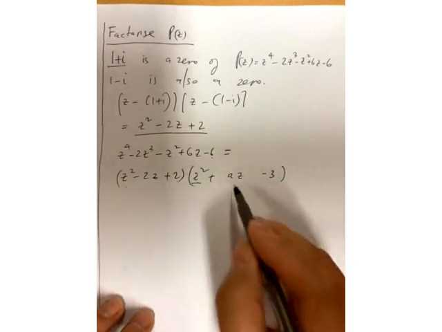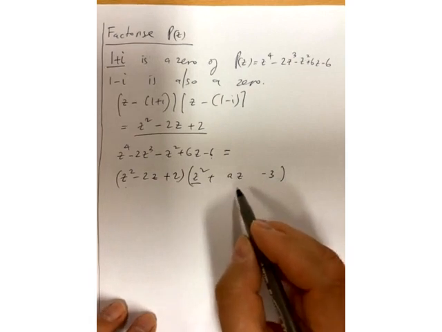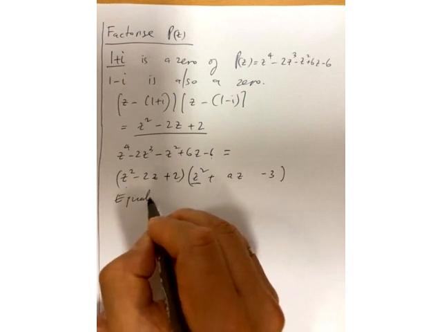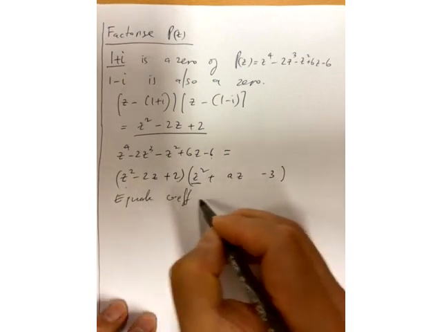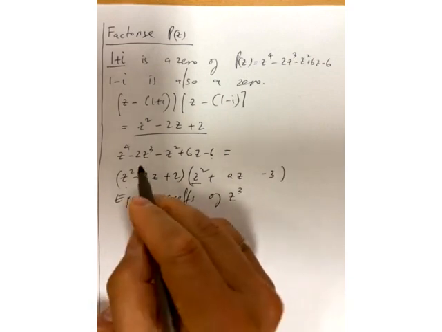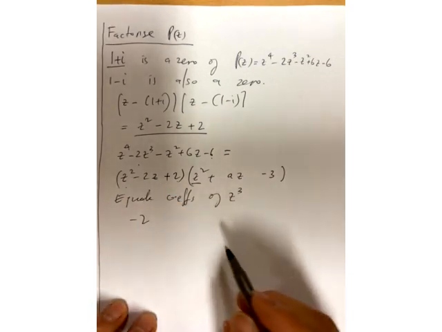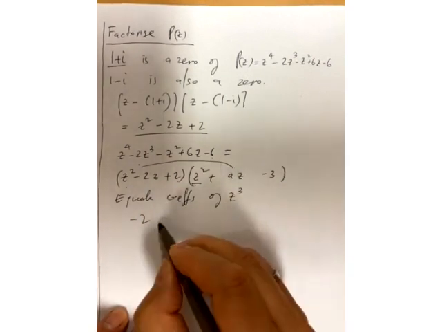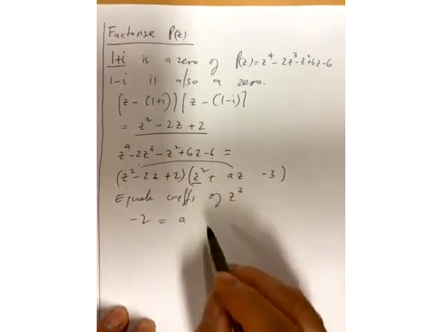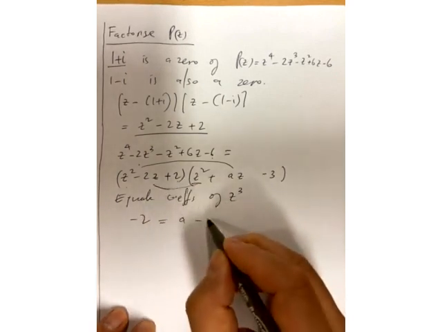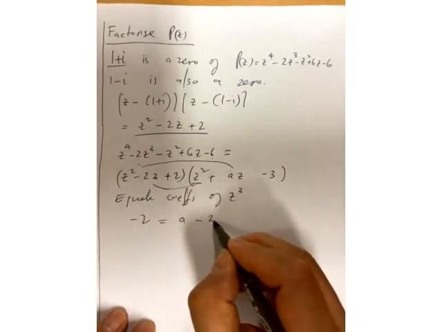So the only thing left in the middle is az for some value of a. You try to work out what a is in this case by equating the coefficients of z cubed on both sides. On the left you have minus 2, as you can see. On the right, the only way you get z cubed is z squared times az, which is a, and then minus 2z times z squared, which is minus 2.